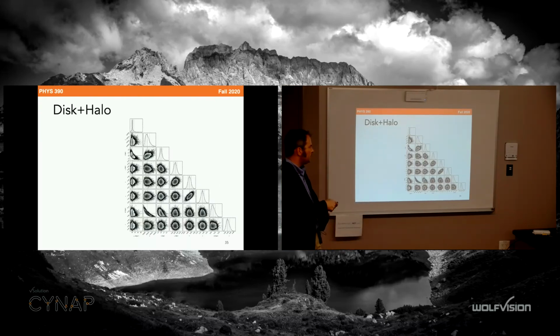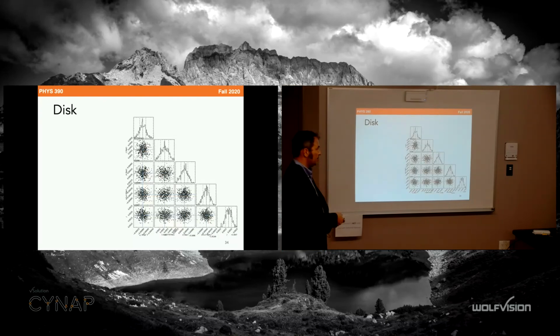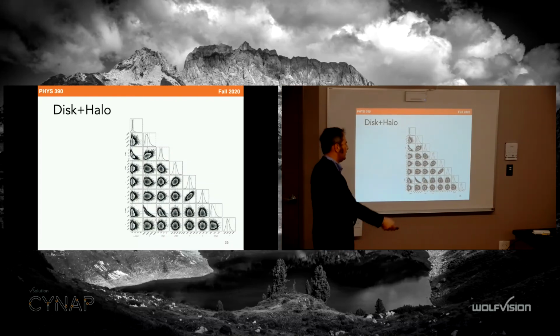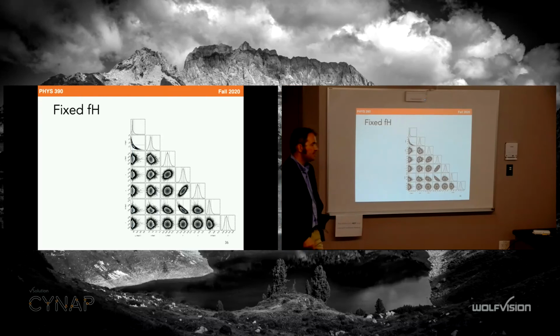Suddenly, everything snaps into position, and the walkers spend way more time circling what looks like a better fit. But I did add a bunch of parameters, so my model became a lot more complex. But I can compare the two, because this doesn't work, and this one seems to work much better, although there are some degeneracies. Okay, well, I can fix the fraction of stars that is in the halo.